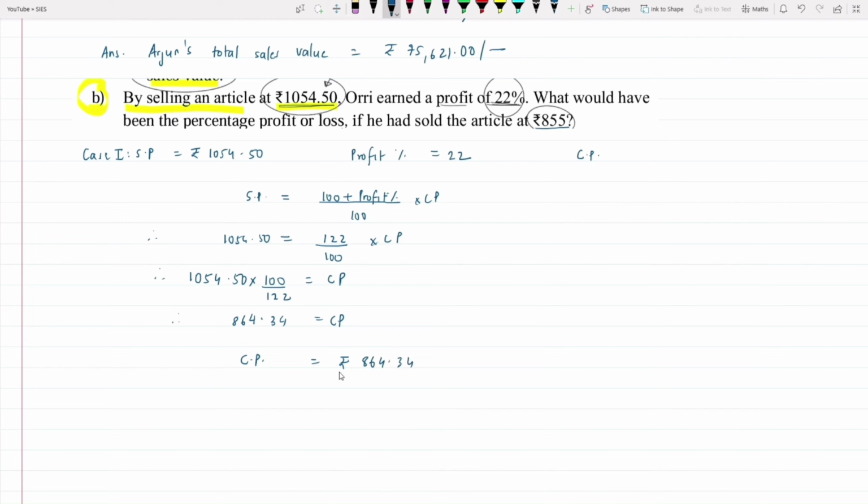Now since we know the cost price of the object, we have case 2, wherein the object was sold at 855 rupees. Now a simple comparison between the selling price and the cost price shows that the cost price is bigger, so we can easily conclude that it is going to be a loss deal, and the loss percentage is going to be loss upon the cost price multiplied by 100.